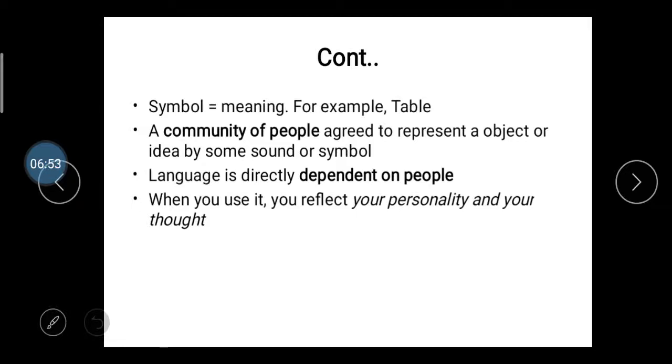Some people have a charismatic personality. So whenever they speak, people can easily understand their information.